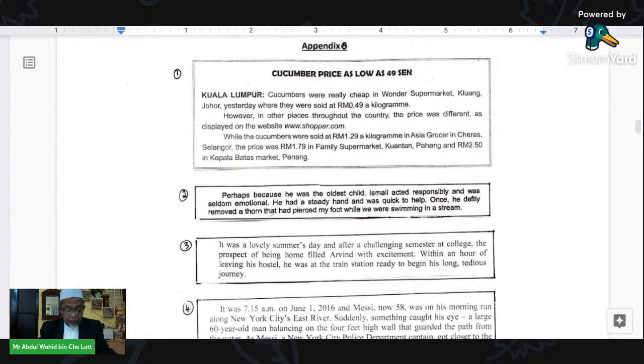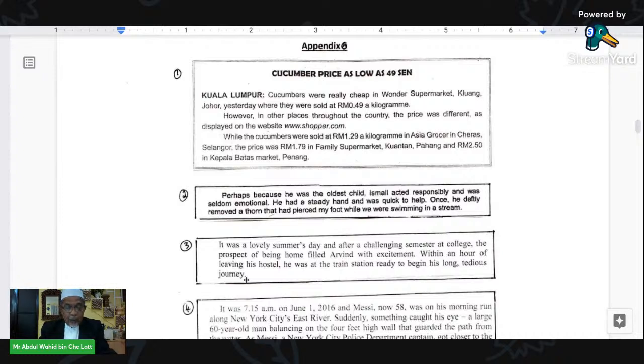Extract 3. It was a lovely summer's day, and after a challenging semester at college, the prospect of being home filled Arvin with excitement. Within an hour of leaving his hostel, he was at the train station, ready to begin his long, tedious journey.